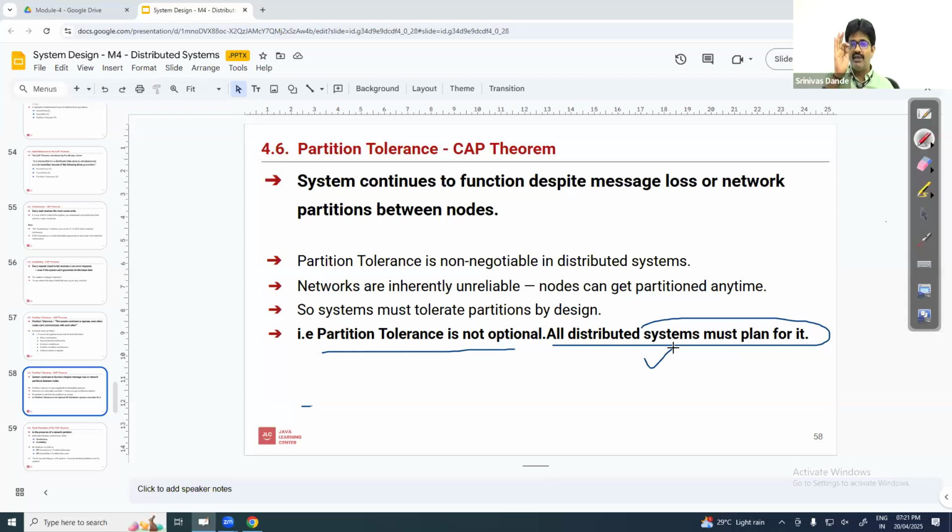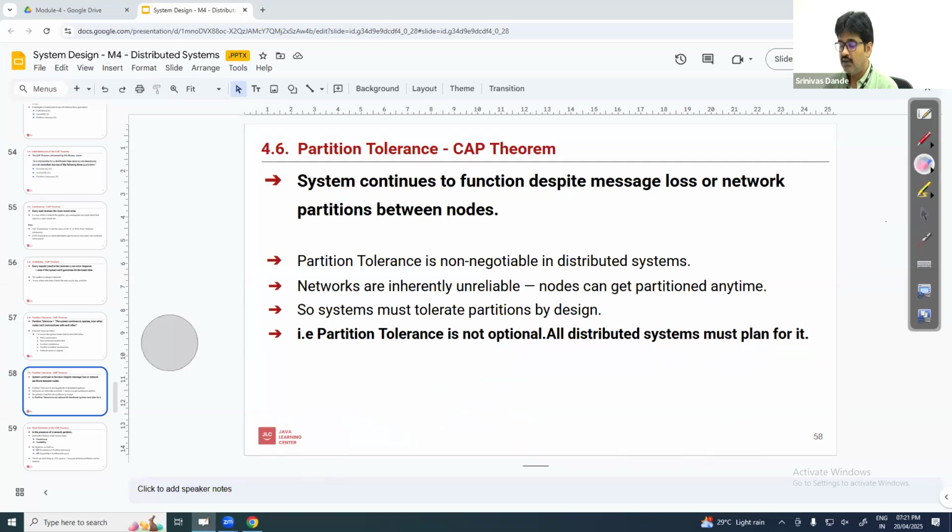P we are always considering in the CAP theorem. Of the remaining 2, you can't get more than 2 in total. P I am always taking, I want P because problems are there. Then I can select either C or A. How that works, we'll see. We'll take a scenario to prove how it works. Okay, go next.